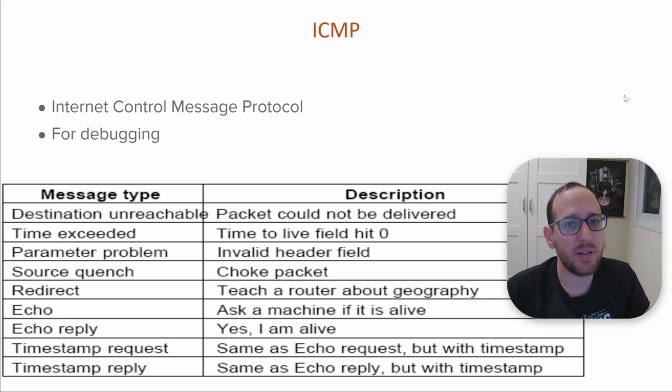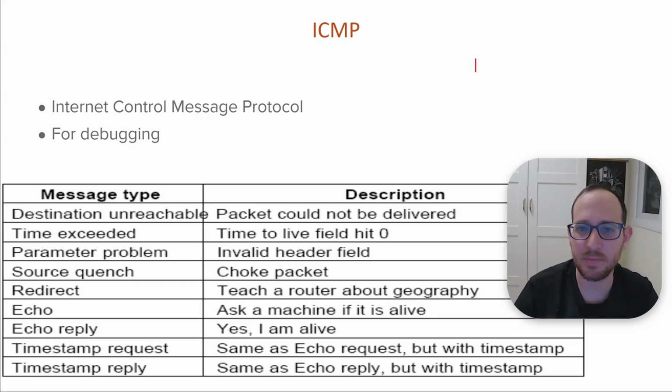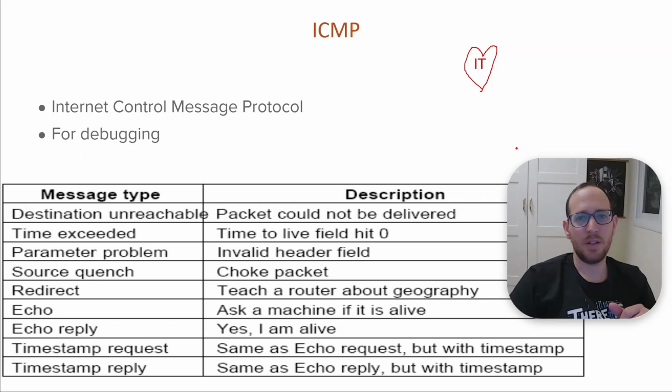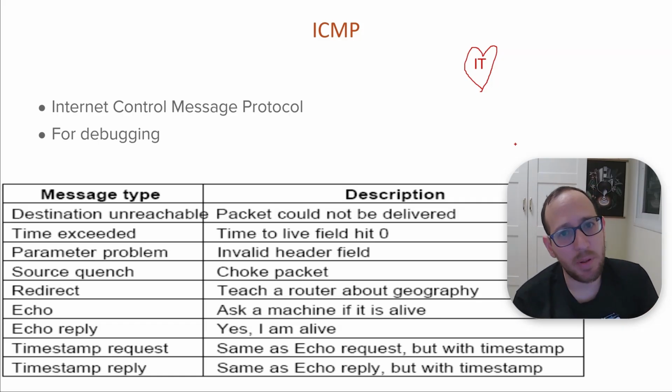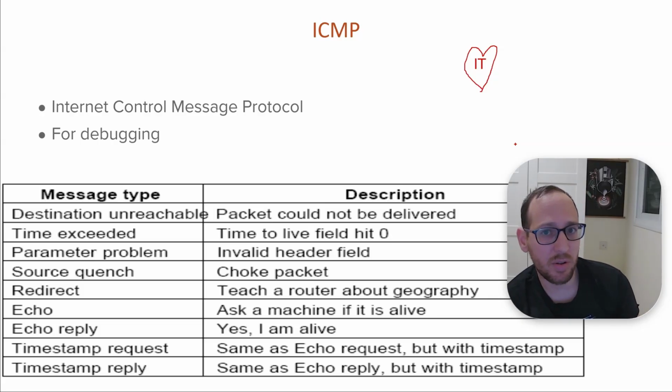ICMP stands for Internet Control Message Protocol, and it's mainly used for debugging, that is, by our beloved IT people. As we know, we love our IT people. We want their lives to be as good as possible, and we love giving them tools to debug networking issues when they occur. One of those tools is ICMP.